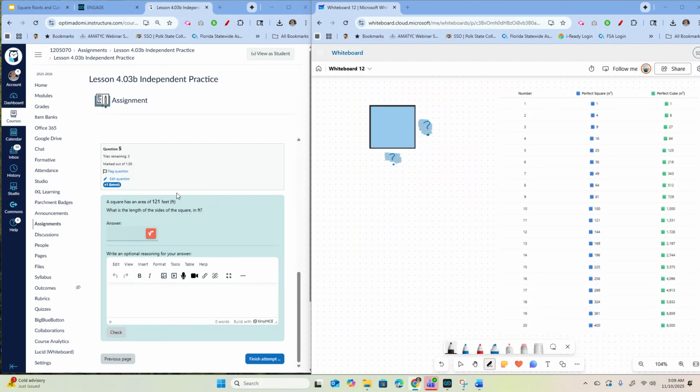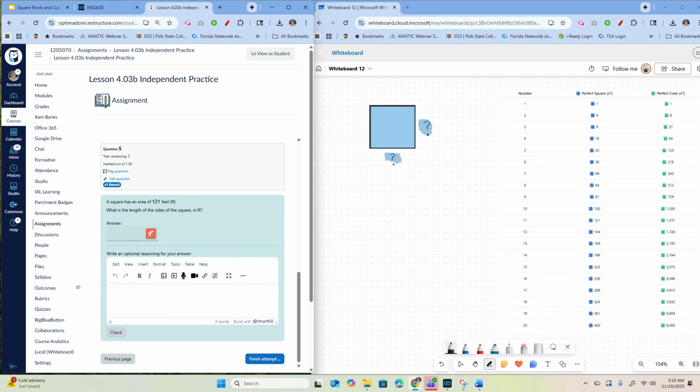This last problem is a word problem. A square has an area of 121 feet. By the way, this is incorrect. We need to say square feet, okay, instead of plain feet. And the question is, what is the length of the side of the square in feet?